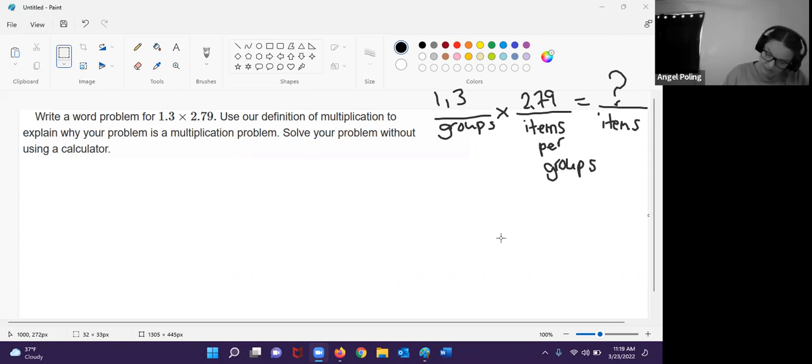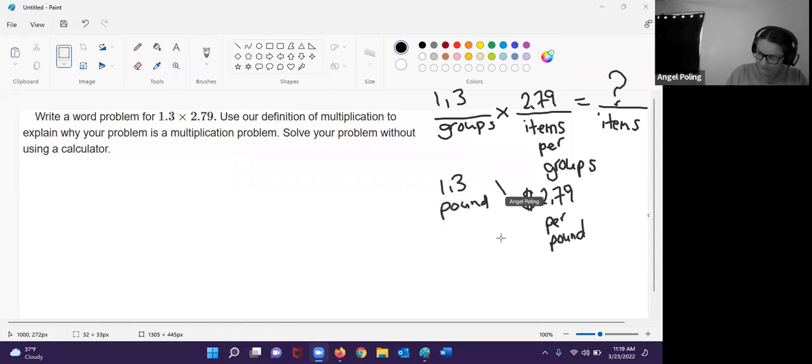So for example, we could have something like $2.79 per pound, right? That would be then 1.3 pounds that we're buying.